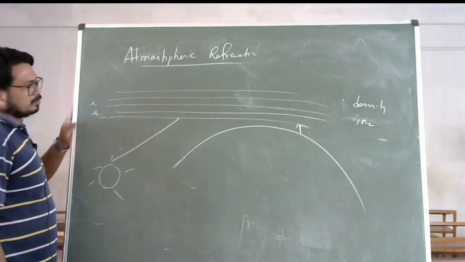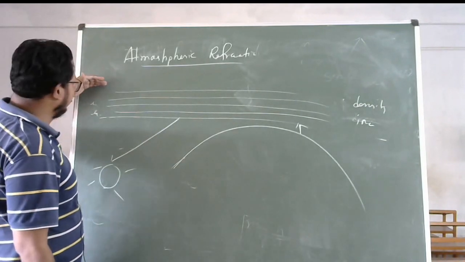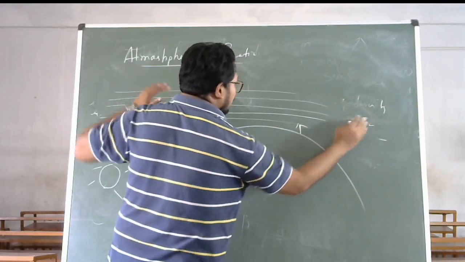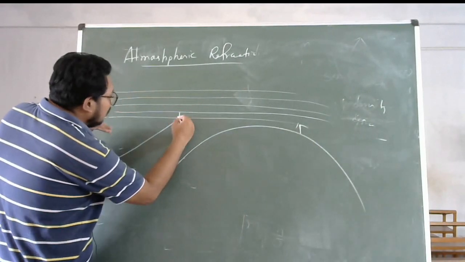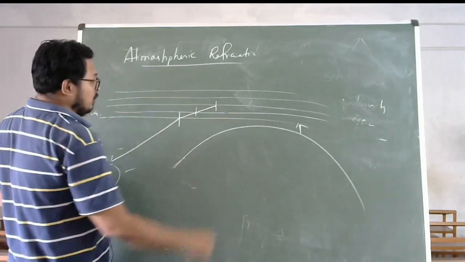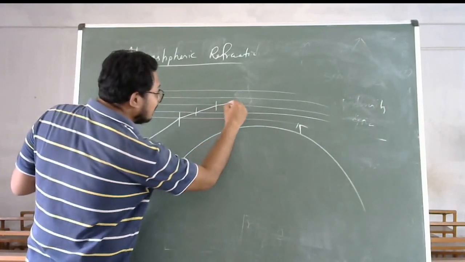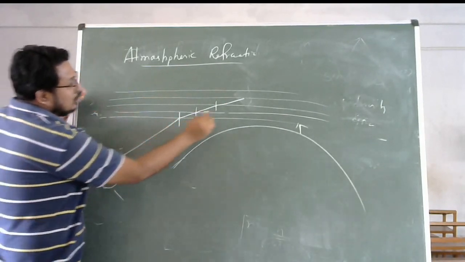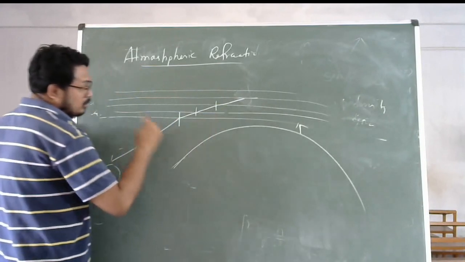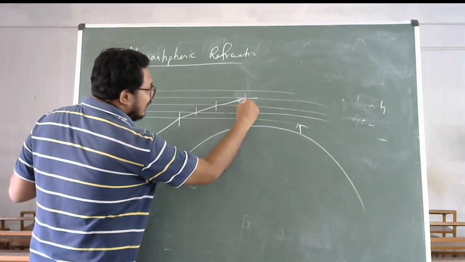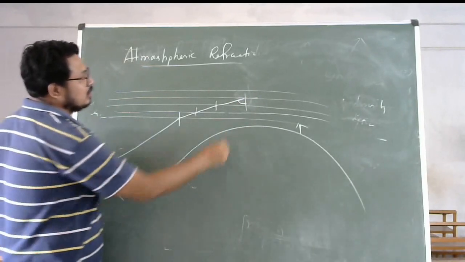What will happen? If it goes from denser medium to rarer medium, it will bend away. Now, when it bends away, in this particular medium the angle will be more than critical angle.